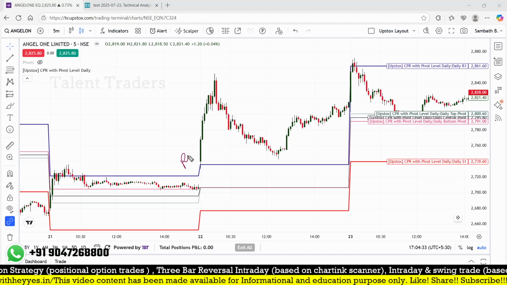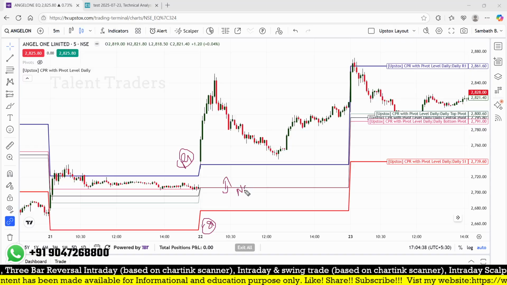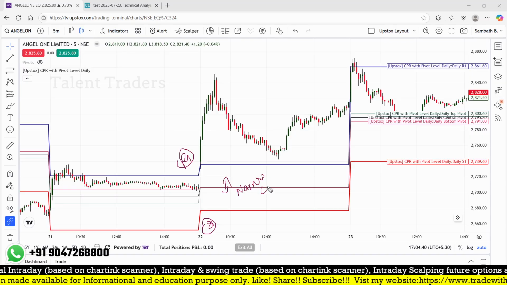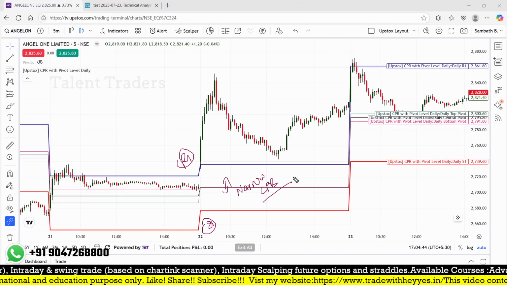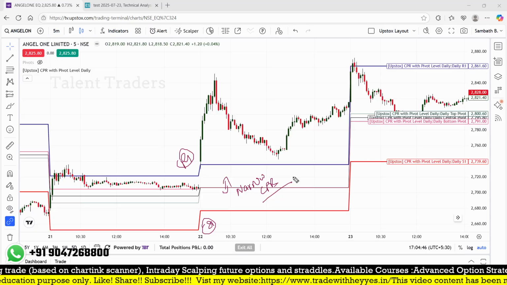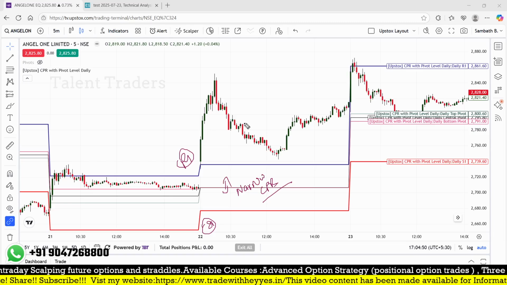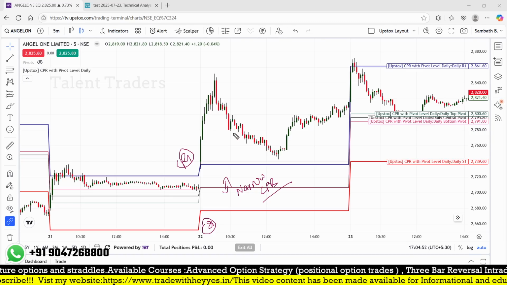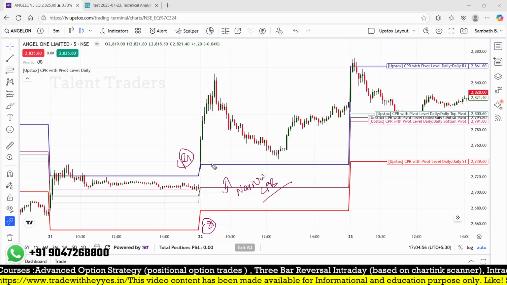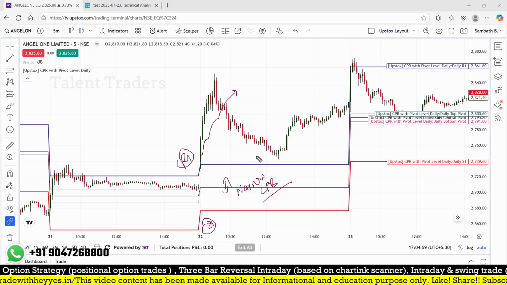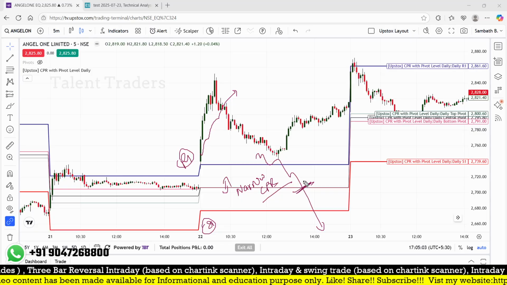So we find a particular day that should have a narrow CPR, along with the stock opening above the R1 level. If it opens above the R1 level, there are 2 or 3 possibilities. Maybe a continuation of the trend, or we can expect a reversal in the trend, maybe reaching the middle of this pivot, or continuation.